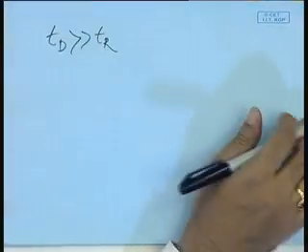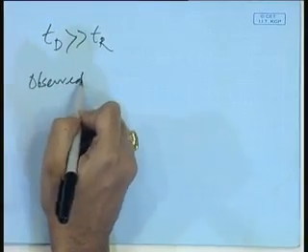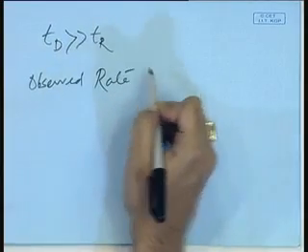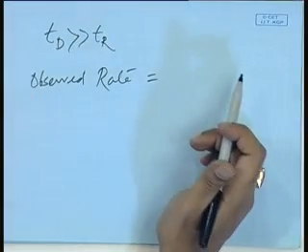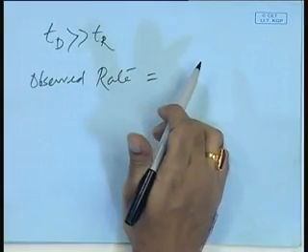In the extreme limit of this case, what would be my observed rate of reaction? So, in the first case, the reaction limited regime, we had that the observed rate equals the intrinsic rate of reaction. In the other extreme asymptote, where the reaction is very fast as compared to mass transfer, what would be my observed rate of reaction?